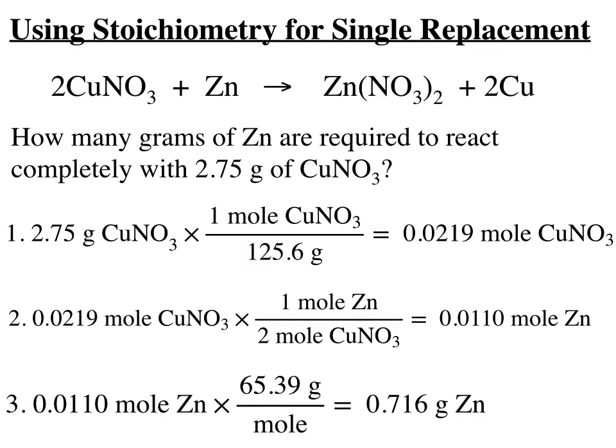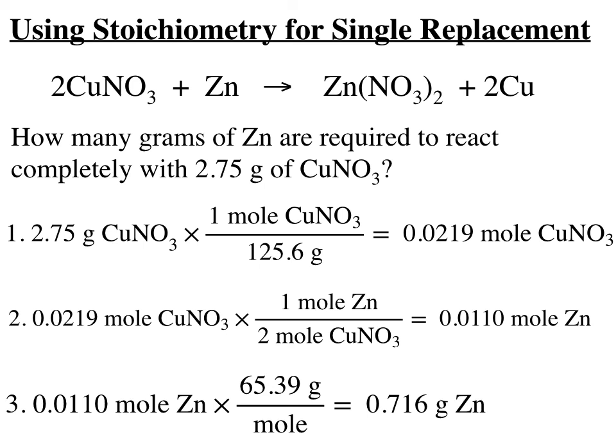Another example here, doing it with a single replacement reaction. I have in a reaction vessel 2.75 grams of copper(I) nitrate, and I wish to know how many grams of zinc are required to perform this single replacement. If I use 2.75 grams of copper nitrate, first I must use the stoichiometry to find information about the zinc compared to the copper nitrate, but I can't do that directly from the mass.